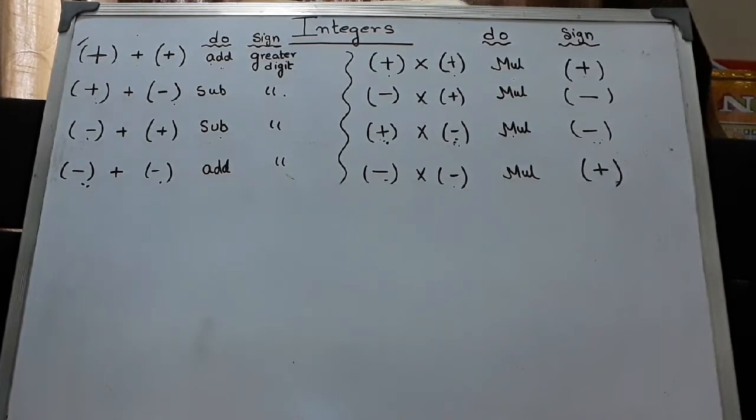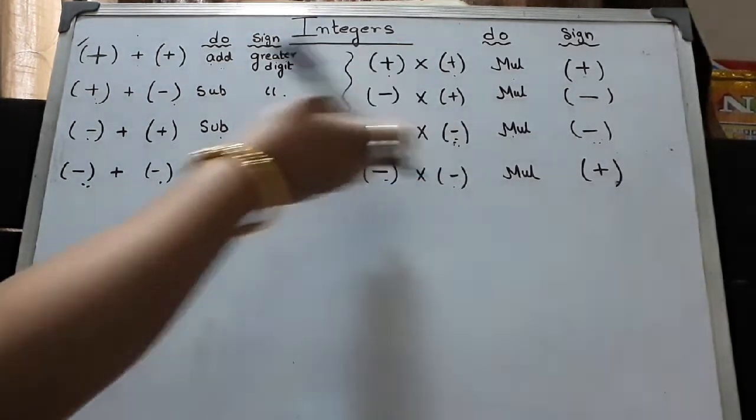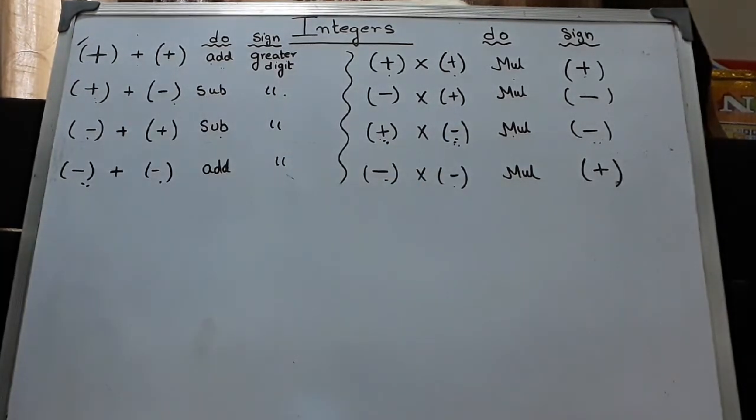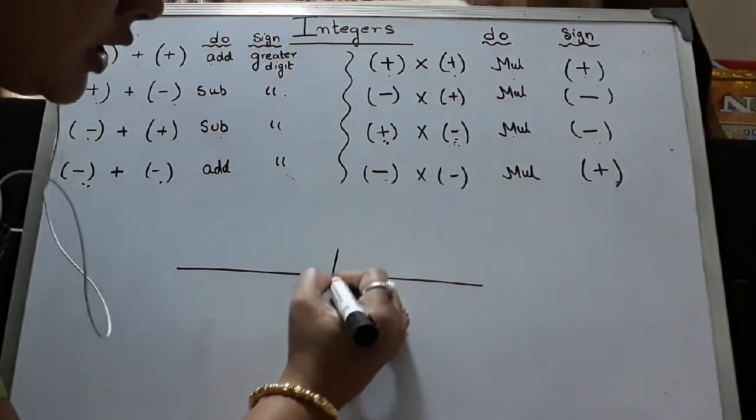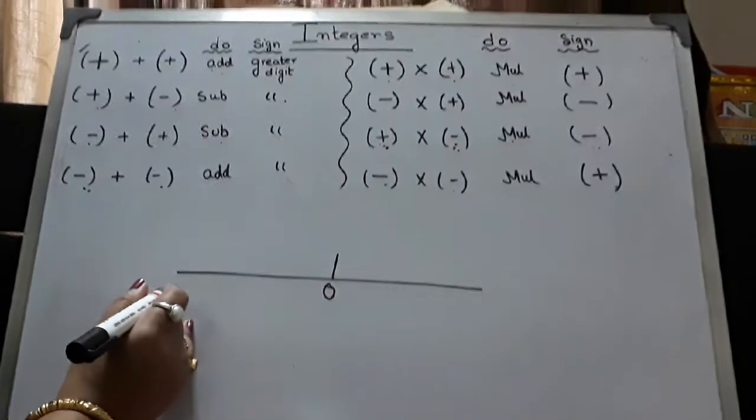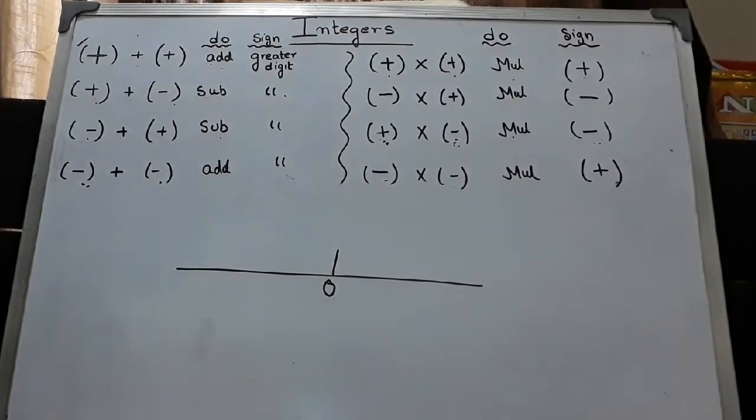So in my next class I will show you the addition properties. There are a few properties of addition, like the closure property, commutative property, associative property. Those properties are very important, but the most important thing is the sign. In integers you have to learn the sign very nicely, because when you are counting with the negative portion, it is very much important.